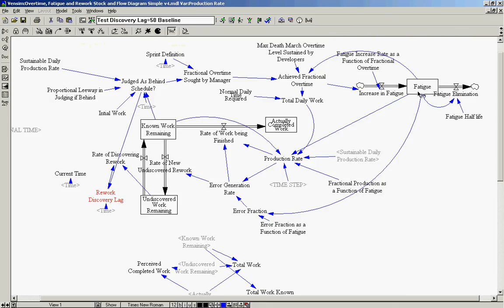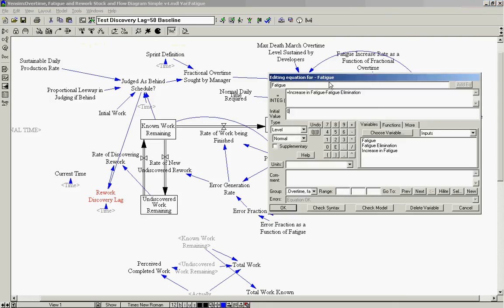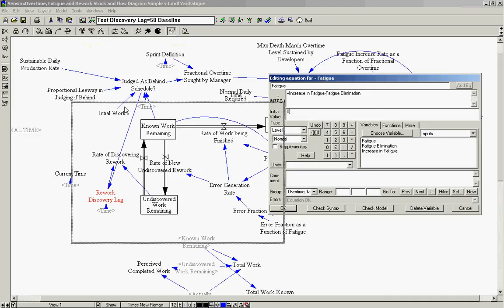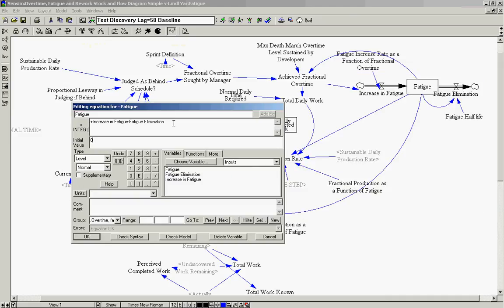But in the meantime, it's worth poking around. You'll notice that stocks within Vensim are depicted graphically like this, but there's an equation here which specifies the integral. So fatigue, for example, is the integral of increase in fatigue coming in minus fatigue elimination. So in essence, this is the derivative, and we're saying fatigue is the integral of that.